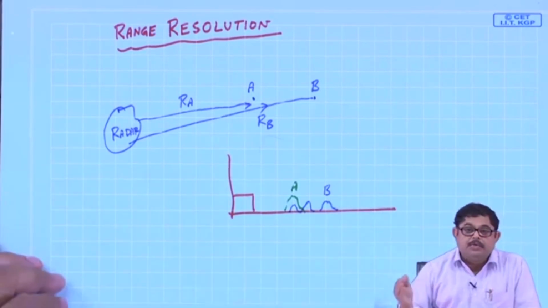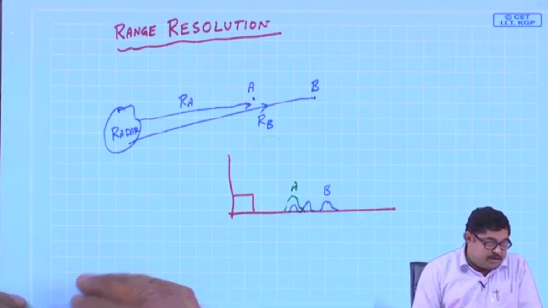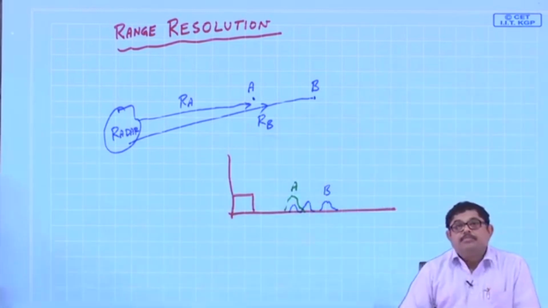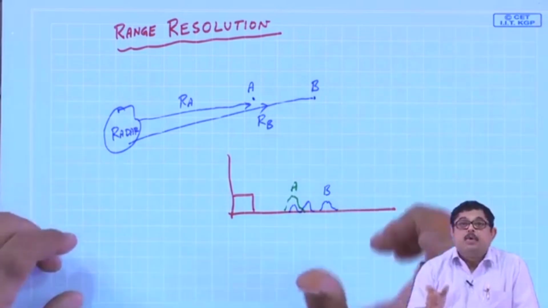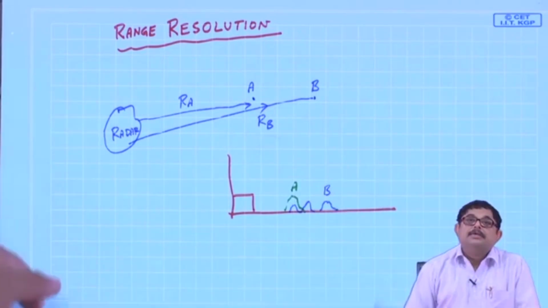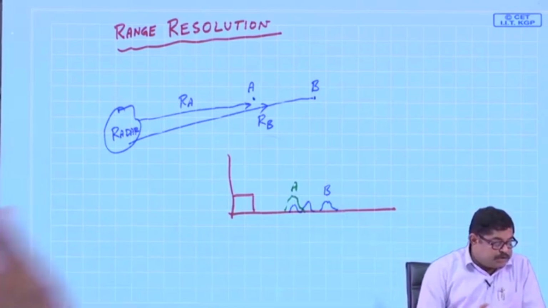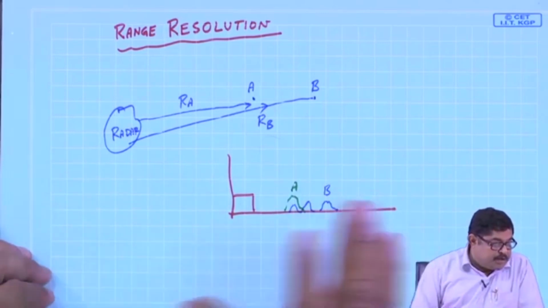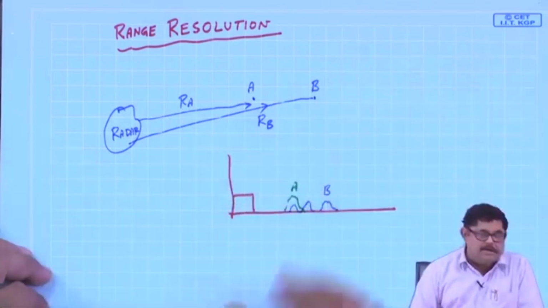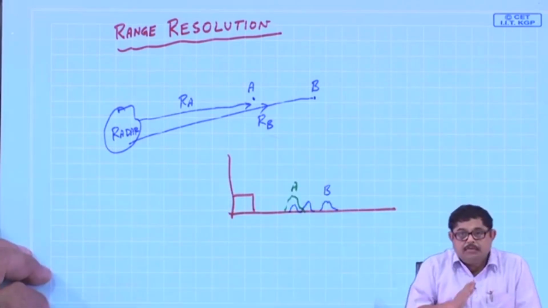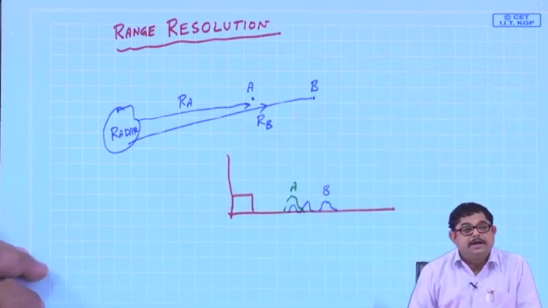So, targets which are closer than this range resolution, they are detected as one single object instead of separate objects. So, this is the concept. Also, pulse width approximately determines the range resolution of the radar. We will go into that later in the detection theory.